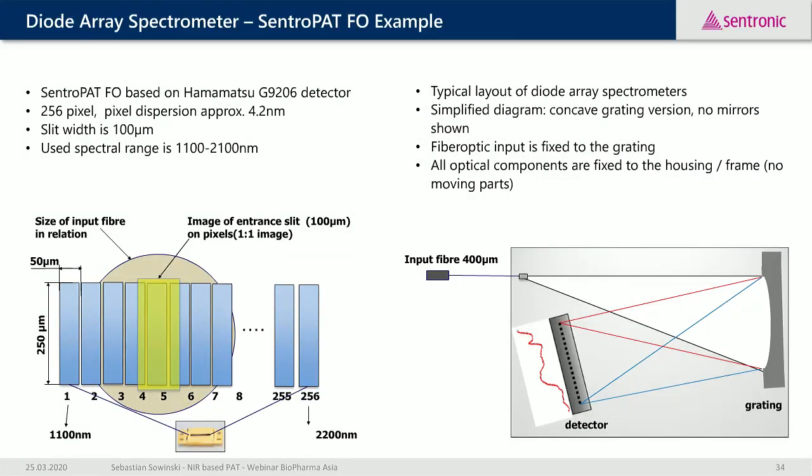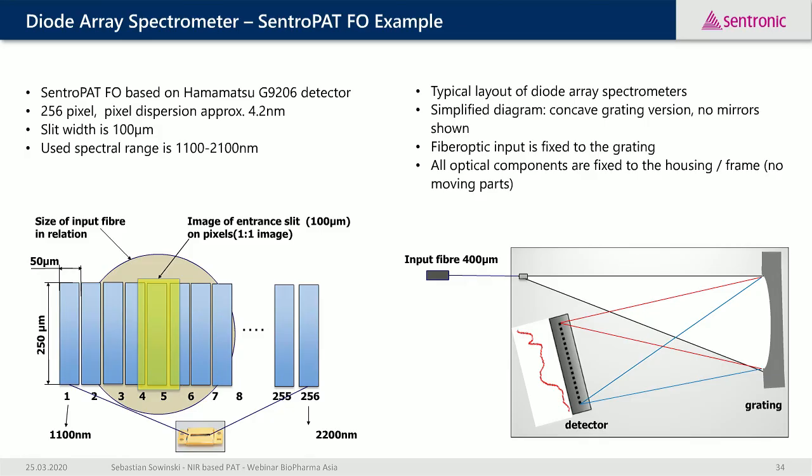The heart of the Sentripad FO system is a diode array spectrometer. We are using a Hamamatsu G9206 detector. There is a schematic view of the sizes inside of this spectrometer itself. It is an array consisting of 256 pixels, which gives a pixel dispersion of 4.2 nanometers.